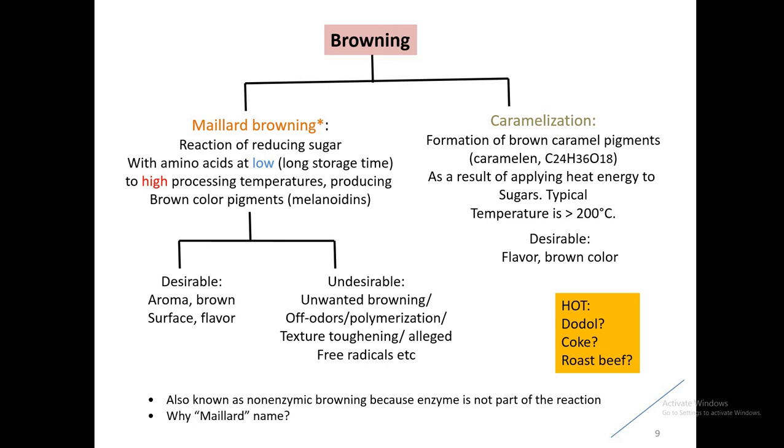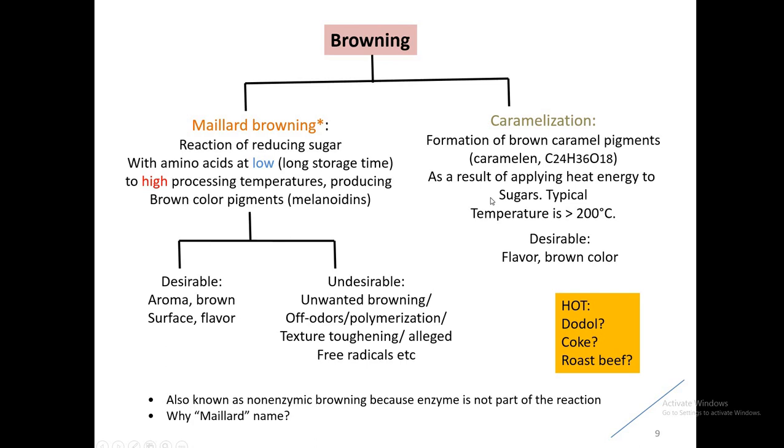The only difference is for Maillard browning, the pigment is called melanoidins. I have no clue. Nobody has any clue what is melanoidin all about. It's very complex chemical interaction and pigment there. Maybe the molecular weight is also high. For caramelization, you produce caramelin, very complex also.